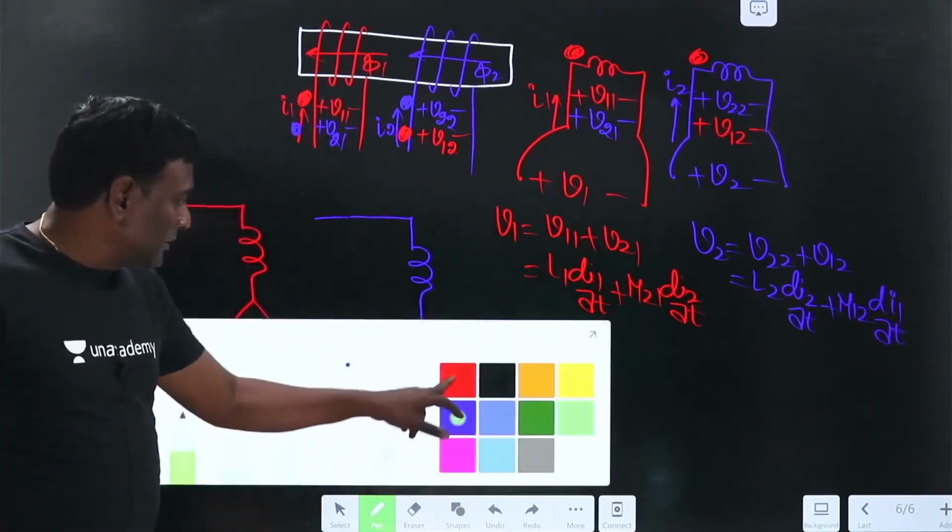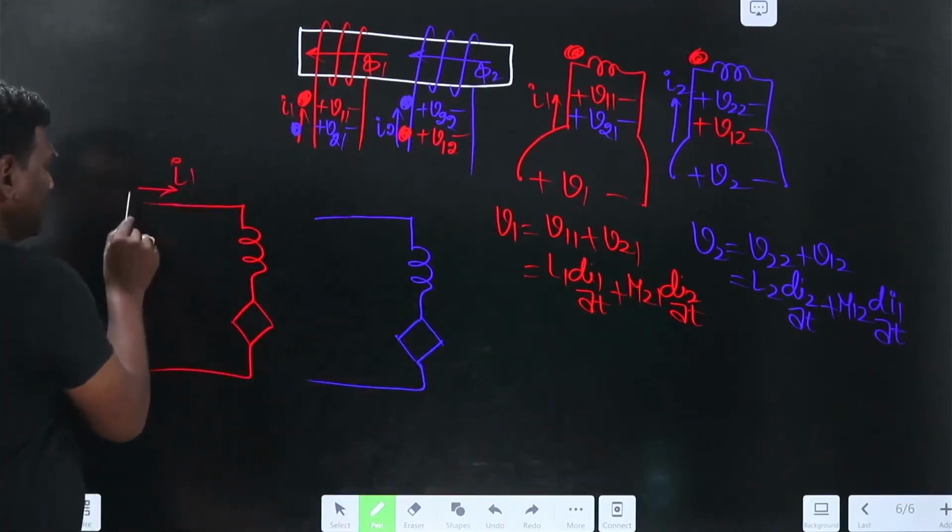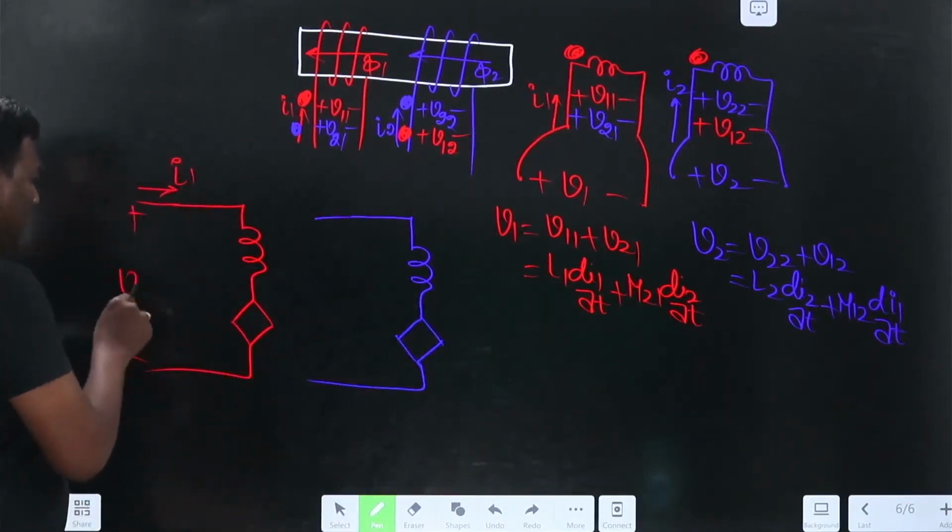Now if I think of I1 here, meaning across this is V1.